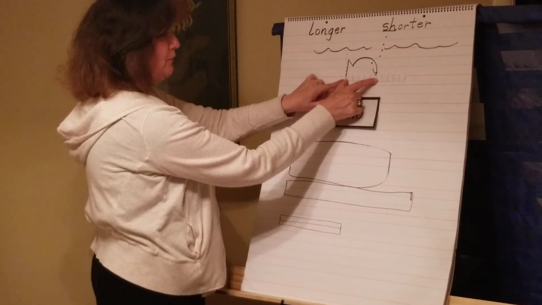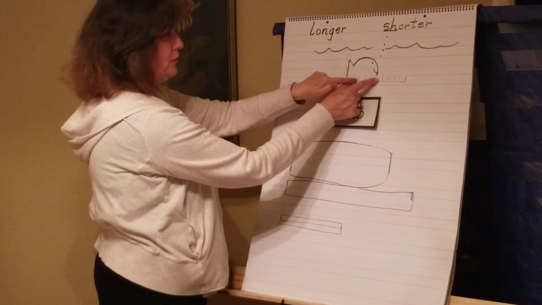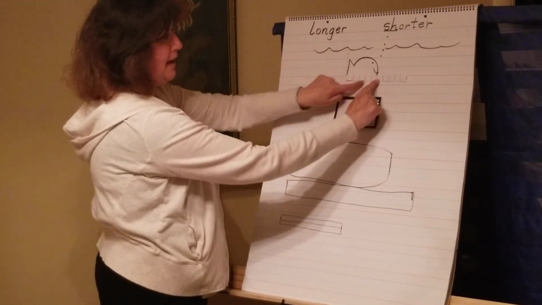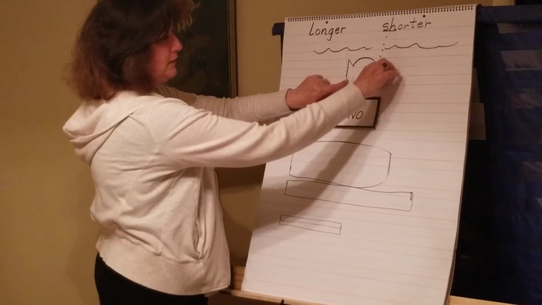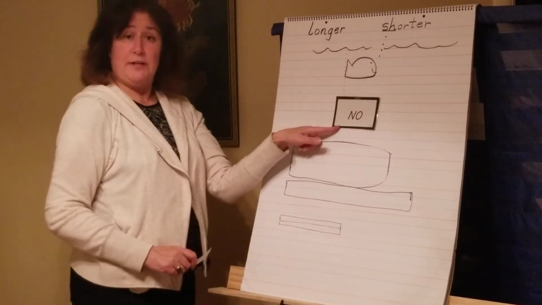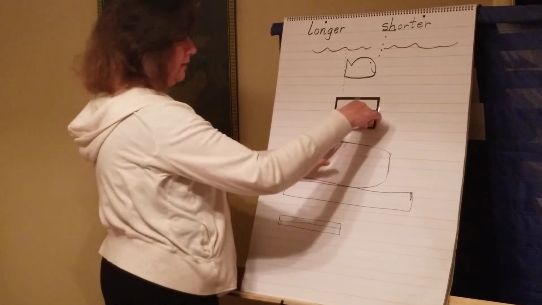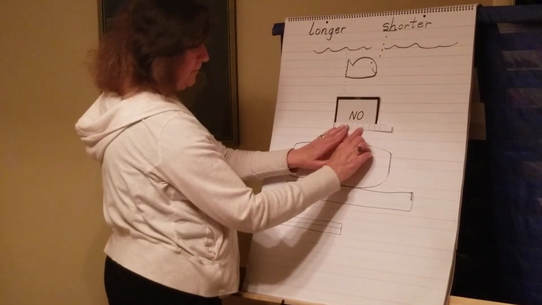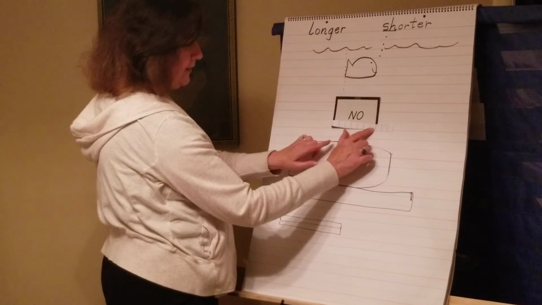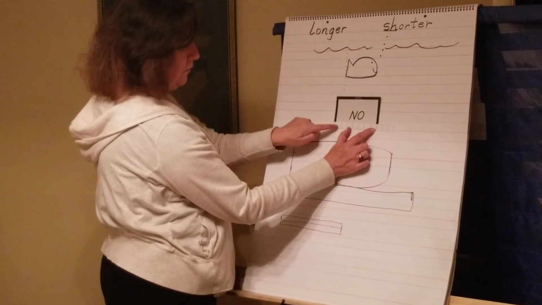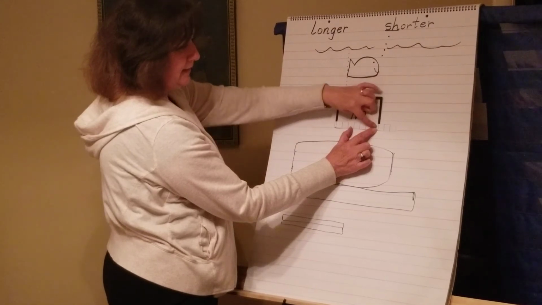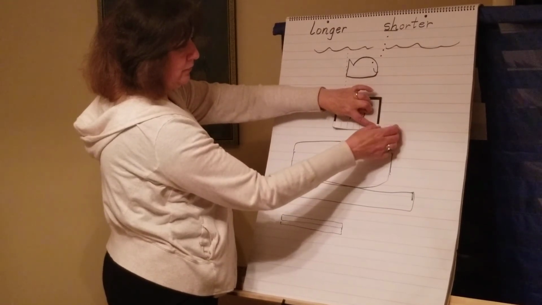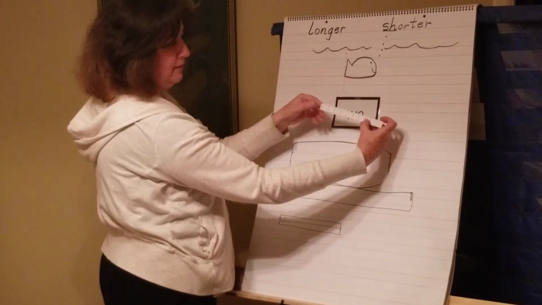Remember we said this was 5, and there's 1, 2, 3, 4, 5. So that is the same distance as 5 Unifix cubes. This was 7 Unifix cubes long, and if we line this up, you'll see, count with me, that it is 1, 2, 3, 4, 5, 6, 7. 7 would be right there, okay?